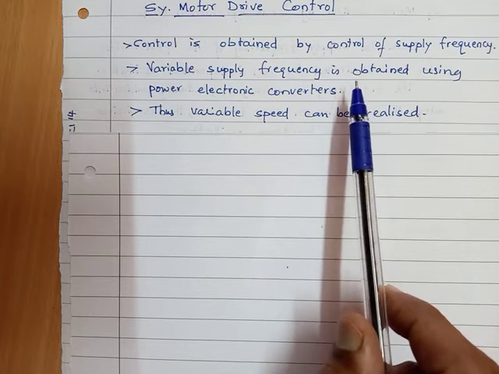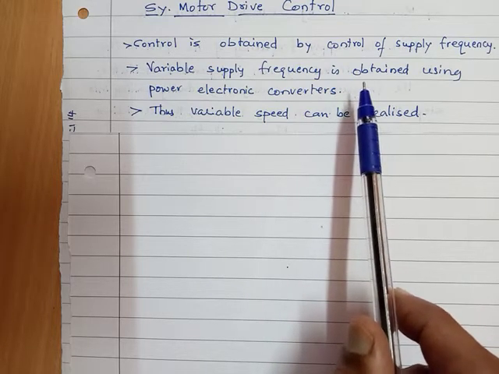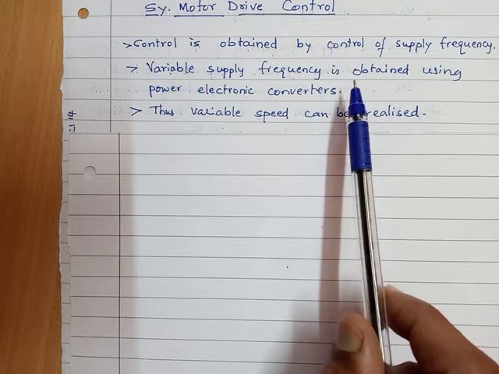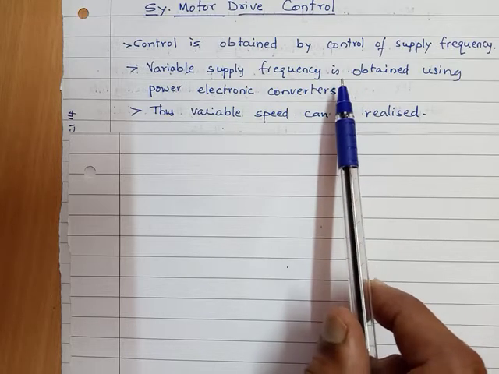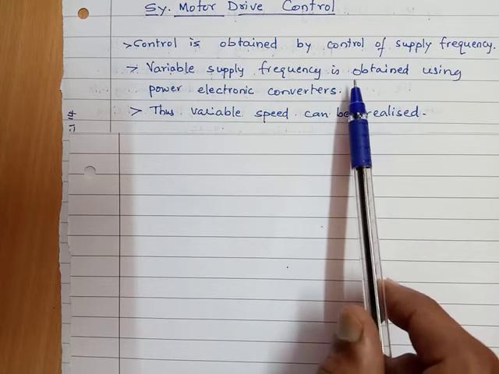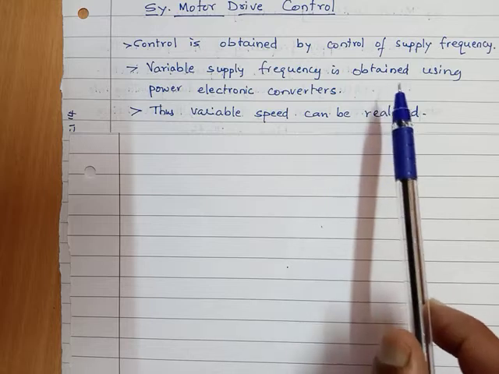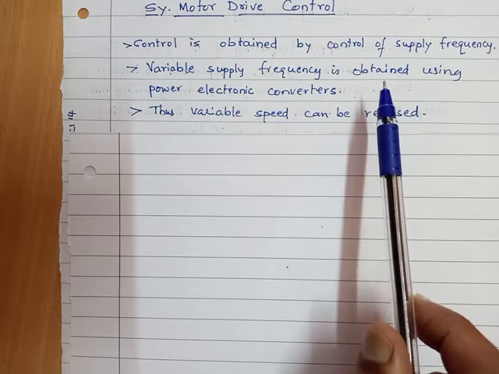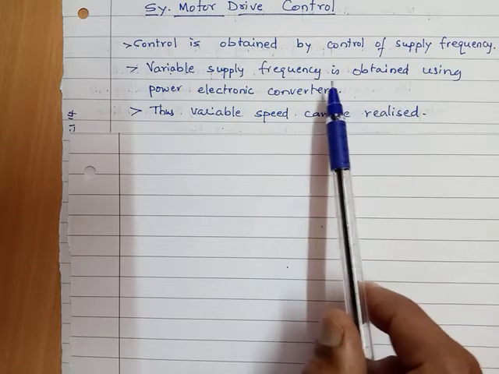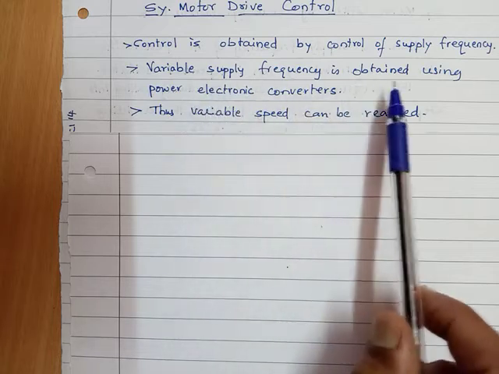The cost also becomes too much. It's a little odd proposition, so to say, and that is something similar to the Ward Leonard control that we have already come across. However, there is another possibility.